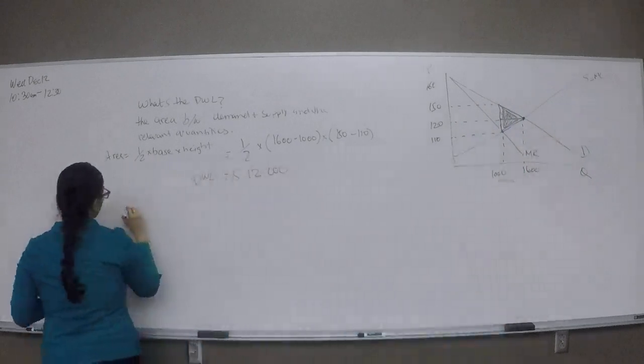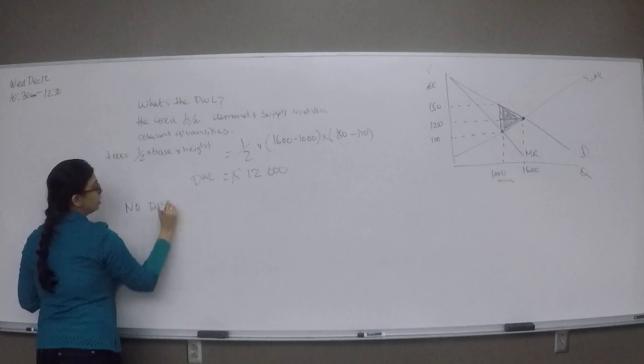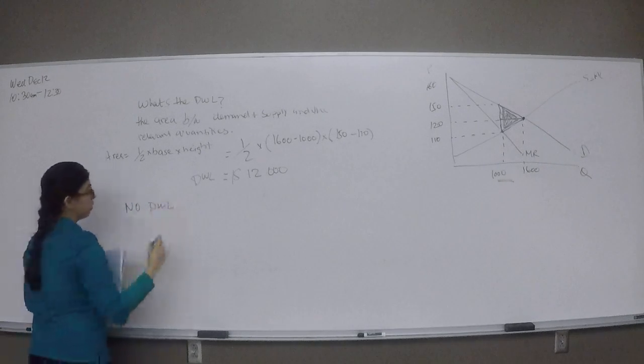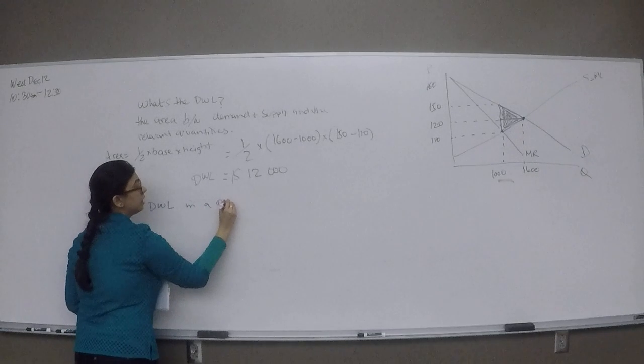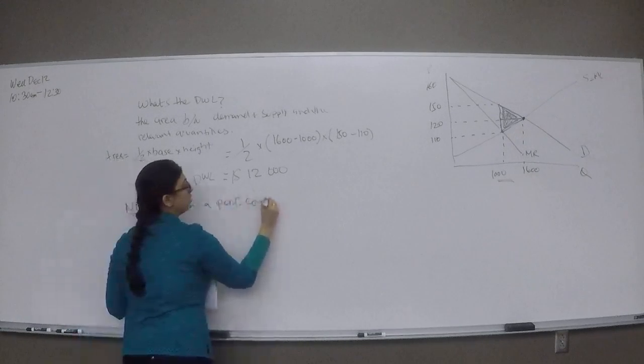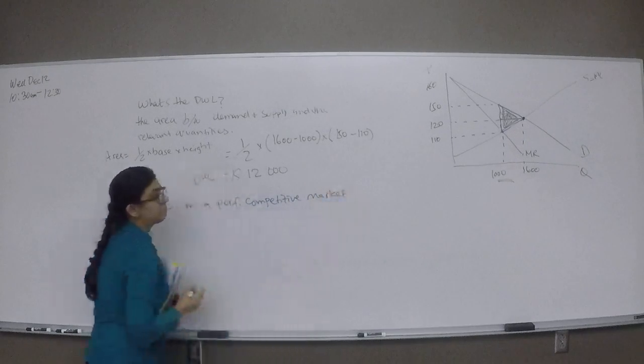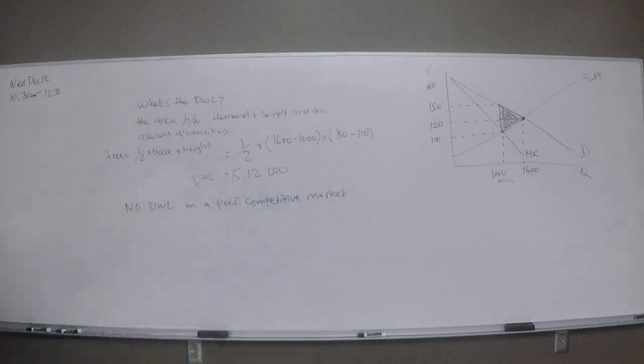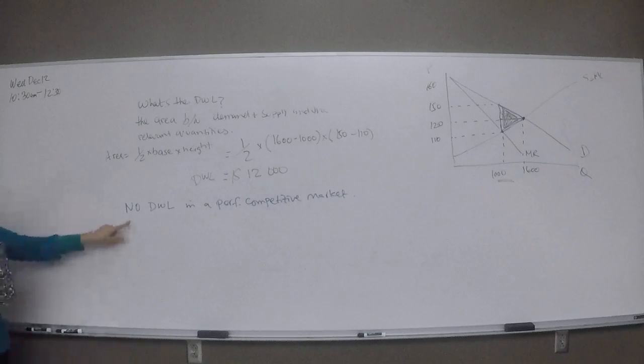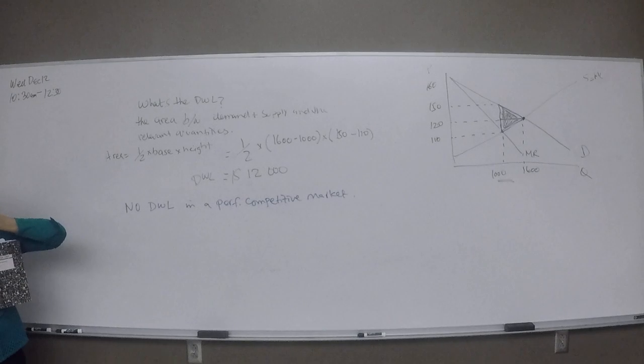So, no deadweight loss in a perfectly competitive market. So what can we do to decrease the deadweight loss? There are steps and things that we can do that can decrease it. It's important to know that there's no deadweight loss in the competitive market.